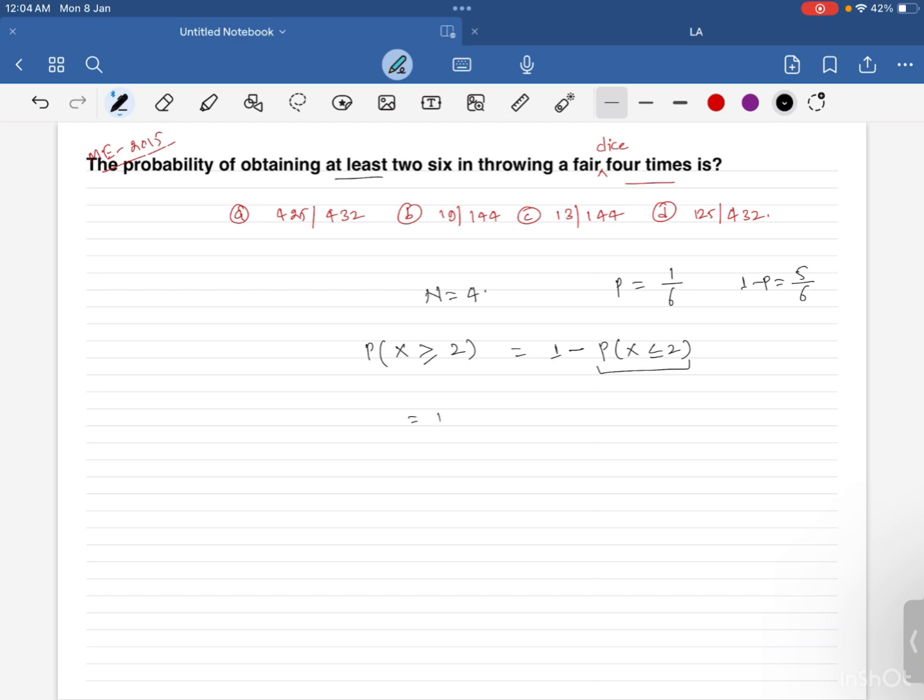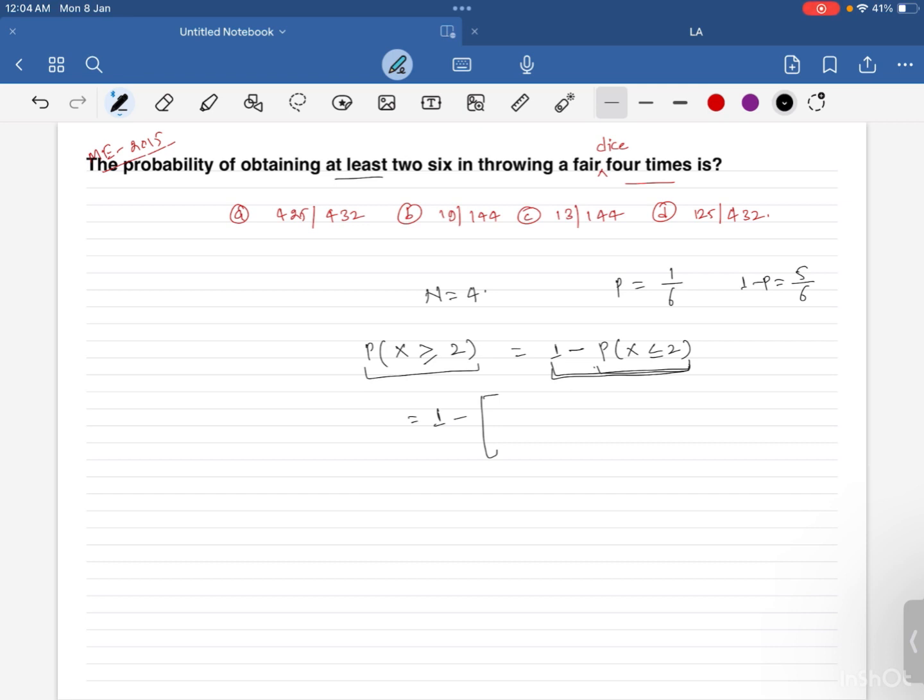So 1 minus, so this is the event that you will get at least 2 sixes in 4 trials, and the complement describes that you are going to get either 0 sixes or 1 six, right?